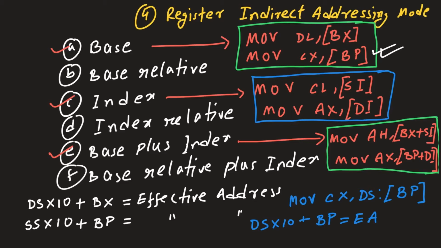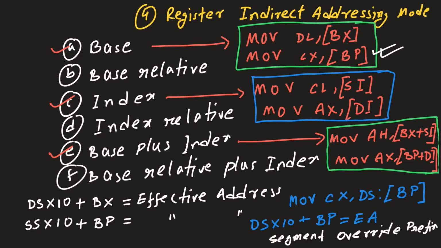Here what we have done is we have written DS, and what this means is that now the default option for BP has been overridden, and that's why this DS is called segment override prefix.